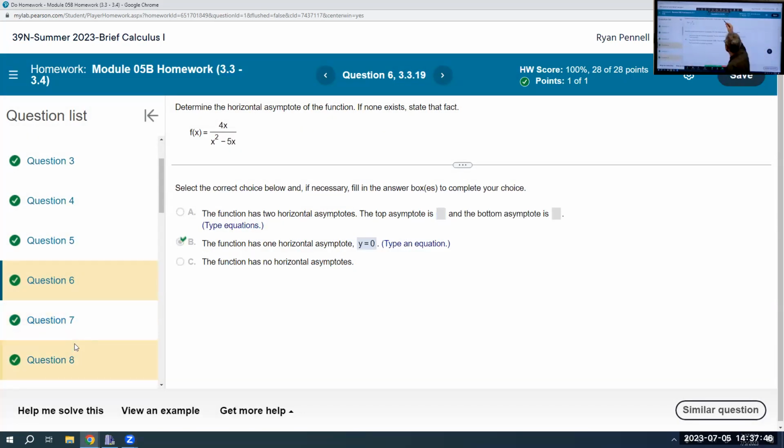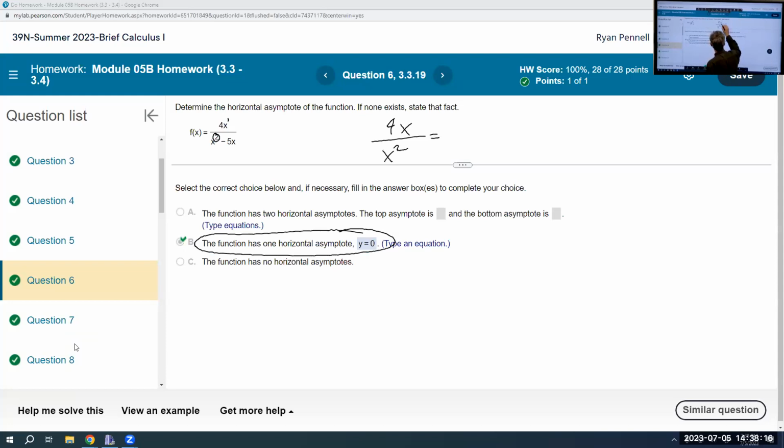All right, now this one, the degree here is 1. The degree here is 2, which means the degree of the numerator is smaller than the degree of the denominator. If that is the case, the horizontal asymptote is y equals 0. That's the idea. So because of the degrees, you have 4x over x squared. You roughly just have x over x squared, so you have 1 over x.